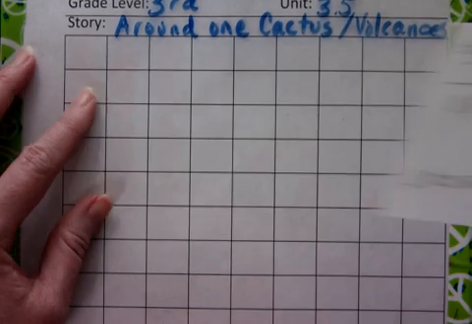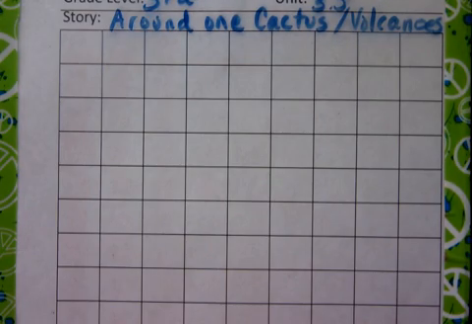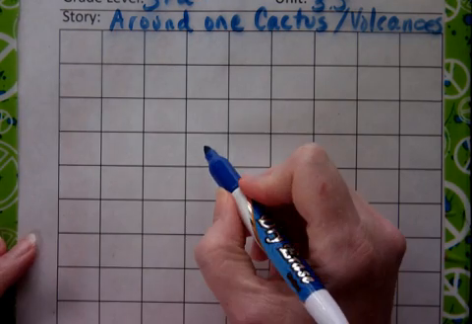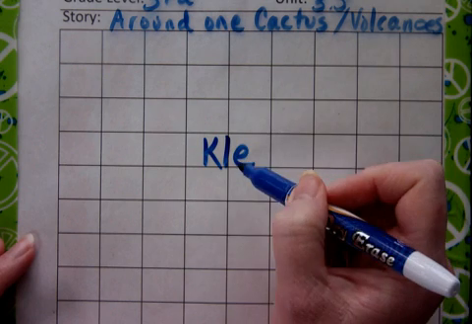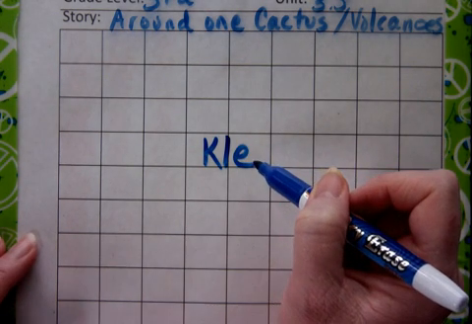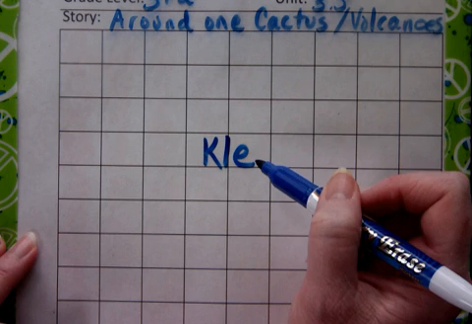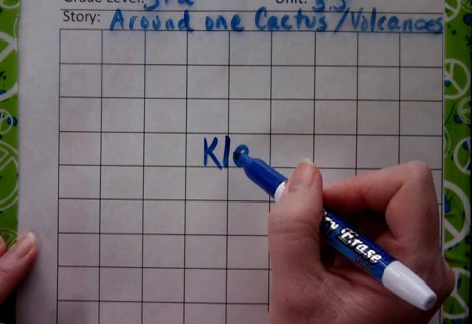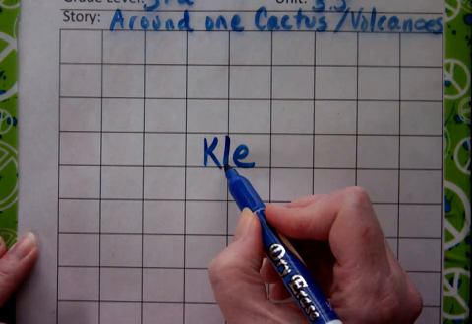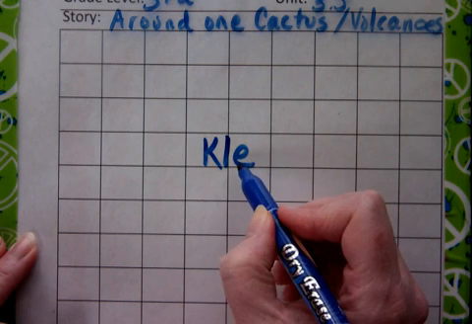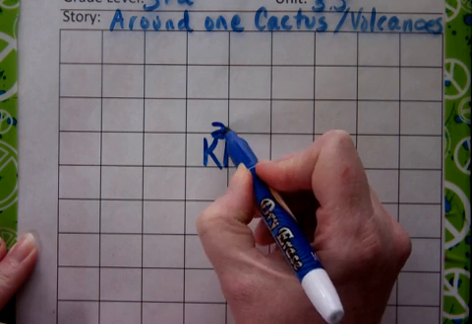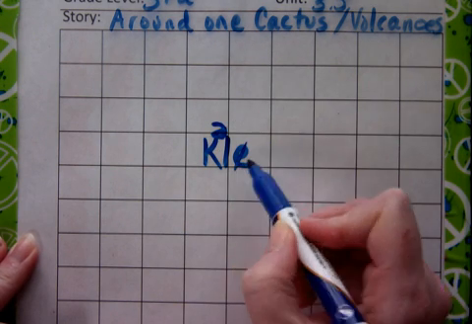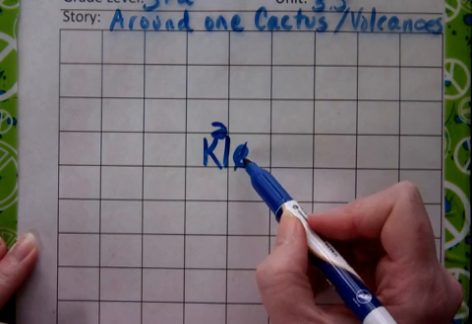A consonant LE syllable type is, and we'll write it on here, let's say it's a KLE. Okay, I didn't put it in the boxes because this is just an example of the syllable type. So a consonant LE. Imagine that the L kicks the E and he spins around and he lands right in between the consonant and the L. This E at the end doesn't say anything.